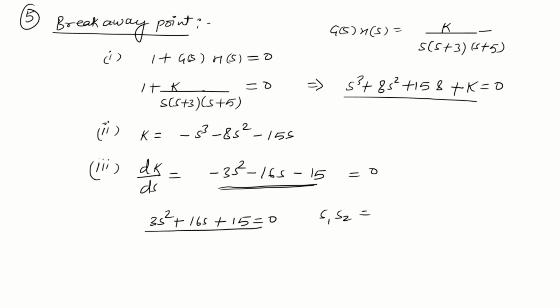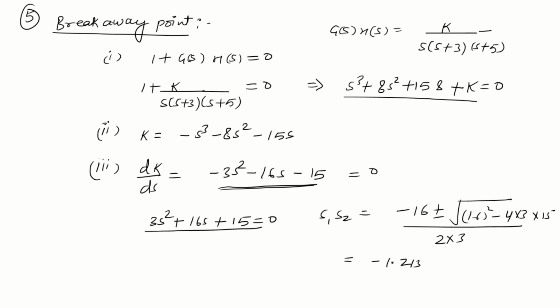There will be two roots for this equation, equals to minus b, minus 16, plus minus under root b square, 16 square minus 4 into 3 into 15, divided by 2 into 3. And we will solve these, we will get two values of s, which will be minus 1.213 and minus 4.119.